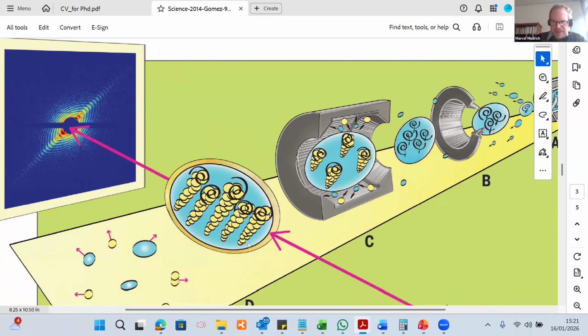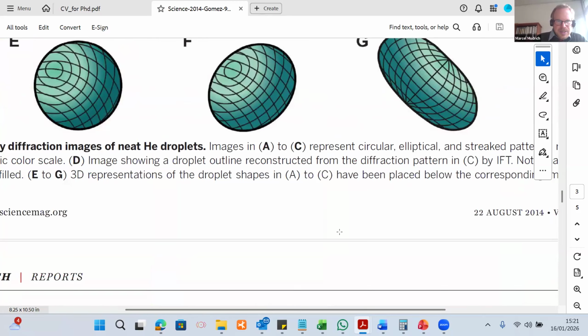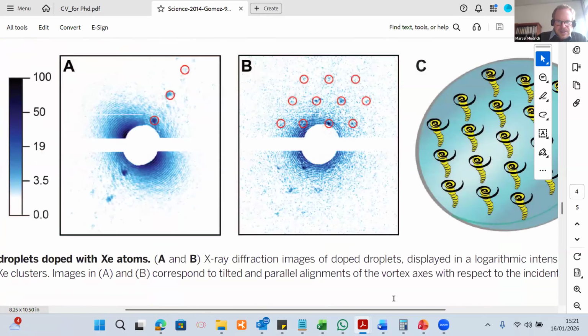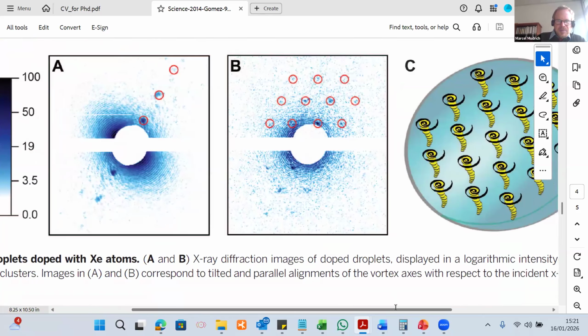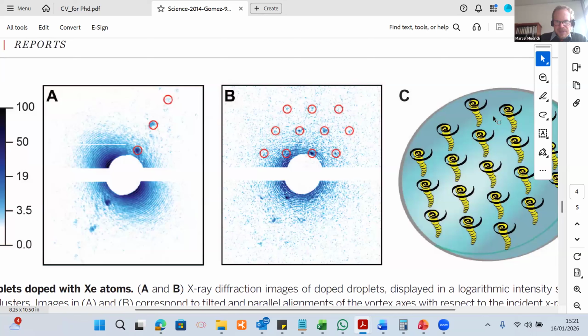And this can actually be made visible by coherent diffraction imaging. These are just the shapes, but since X-rays allow even higher spatial resolution than just imaging the outer shape of the droplet, we can even get information about the inner structure.